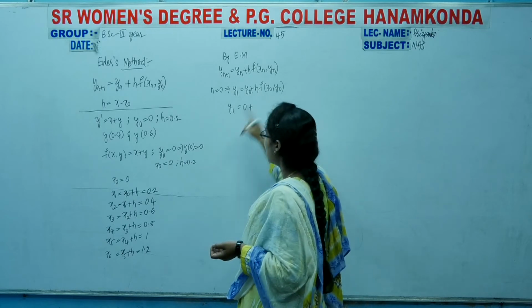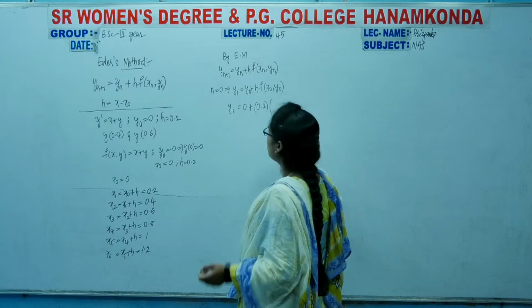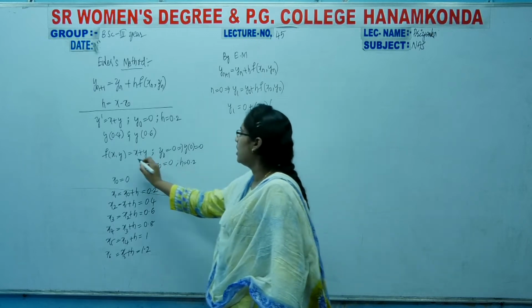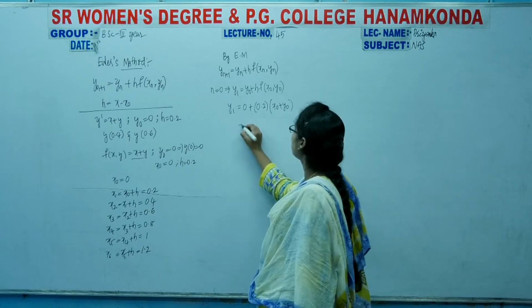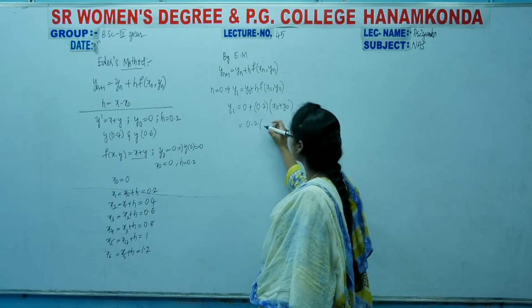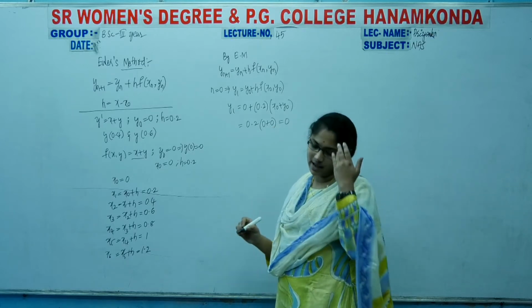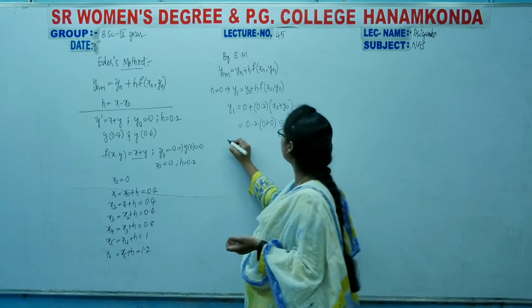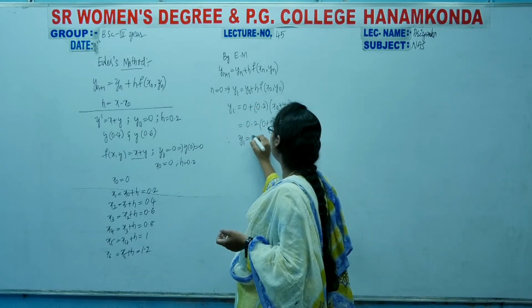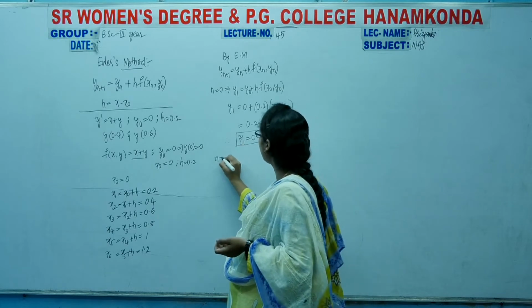It is 0, plus h is 0.2, and f of (x0, y0) is x0 plus y0. x0 is 0 and y0 is also 0. So the value of y1 is nothing but 0. Therefore y1 equal to 0.